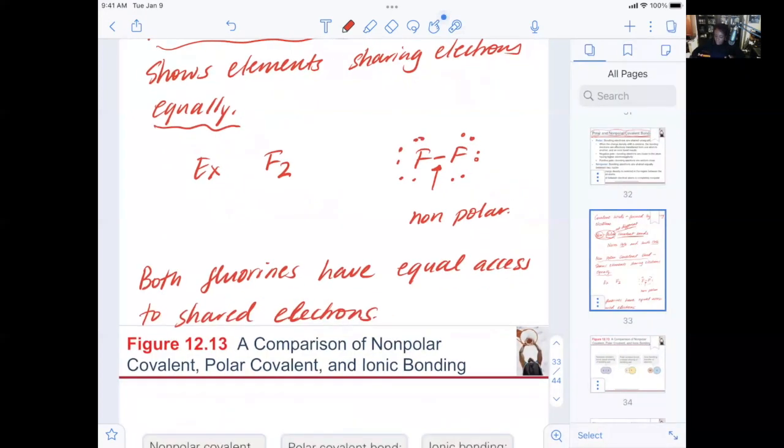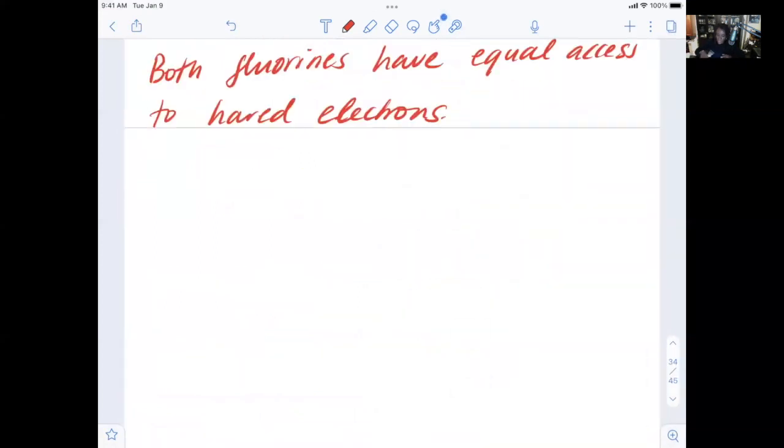The way they share can be very different.